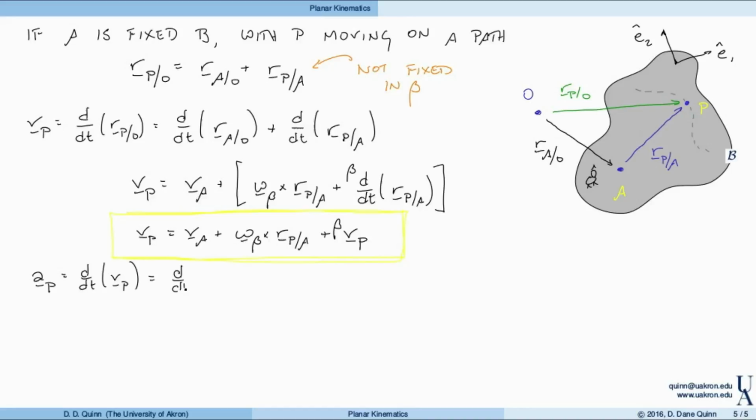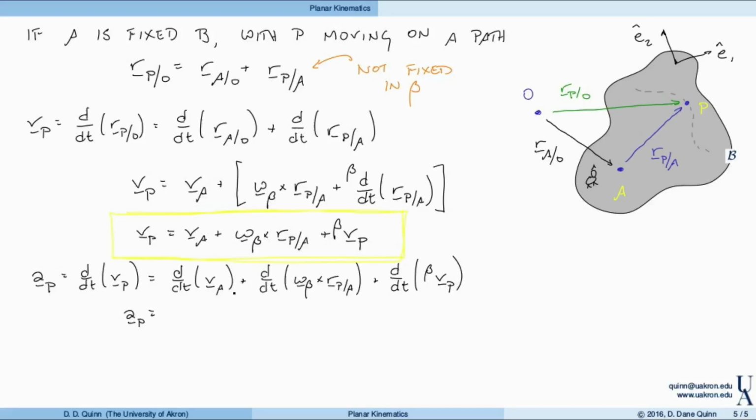Right, so it's the derivative of VA plus the derivative of omega cross RPA plus the derivative, or the change, in the velocity of P with respect to the object. Okay, so now we can go through and express each of these terms.